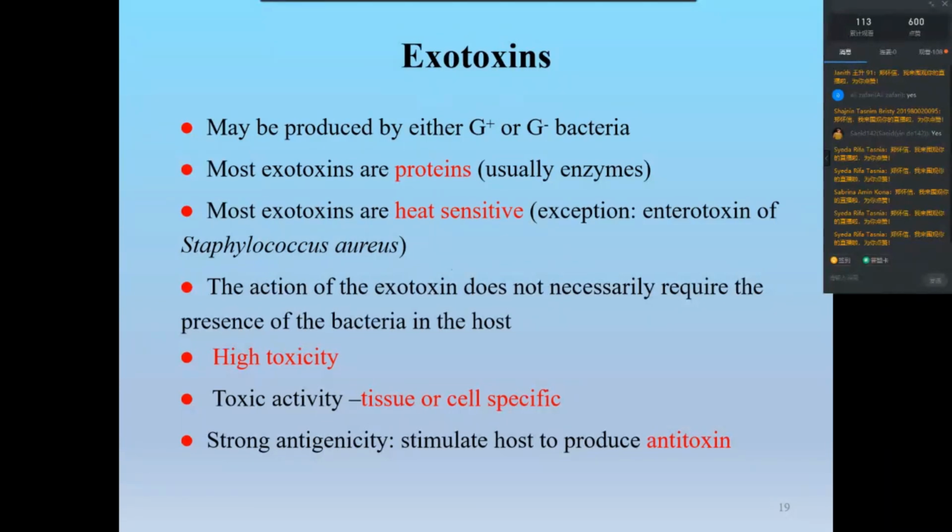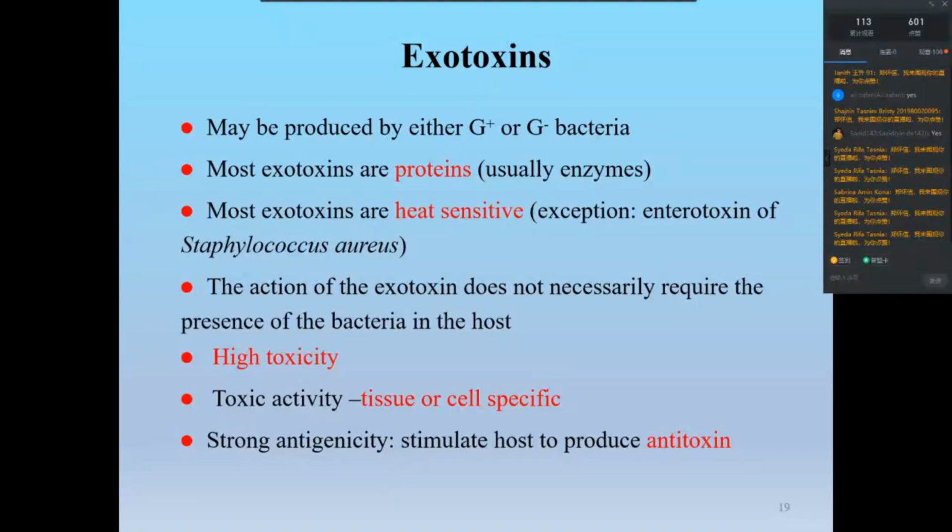Without a receptor, they cannot invade into the cell. And because they are protein molecules, and we know that protein molecules are good antigens, they are strongly antigenic.